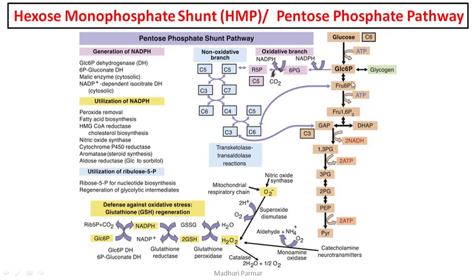All you have to remember is this: what is shown here in the skin color is your glycolysis pathway, which is very clear to you. Now, what is different in this pathway that I want to show you?